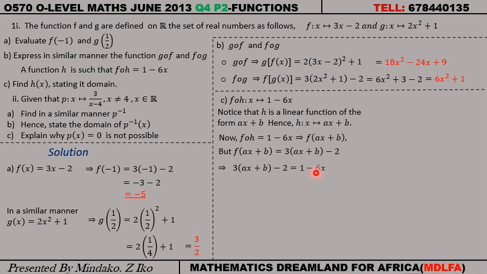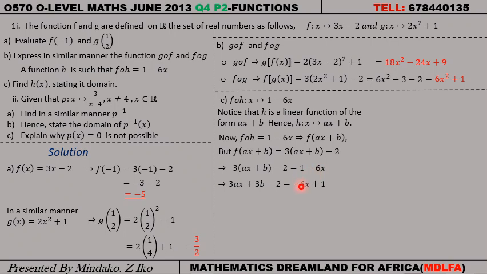Now I can expand this bracket. At the end of the day, I'm going to have 3ax, since 3 times ax is 3ax, and 3 times b is 3b, and then minus 2 is equal to negative 6x plus 1. I've just reversed this other part here.